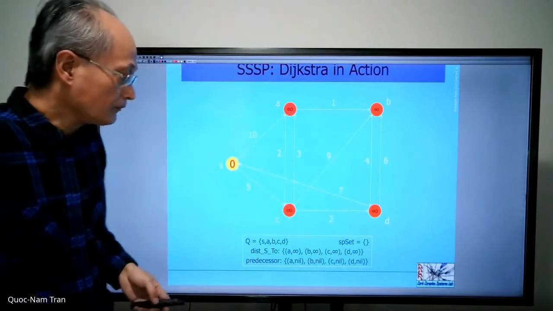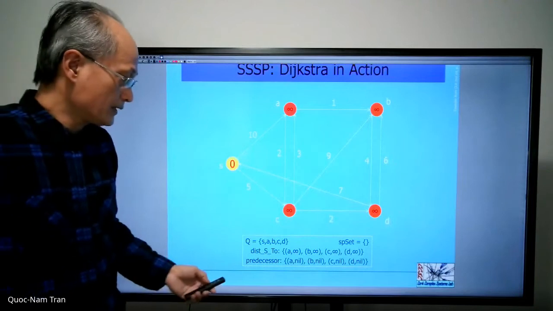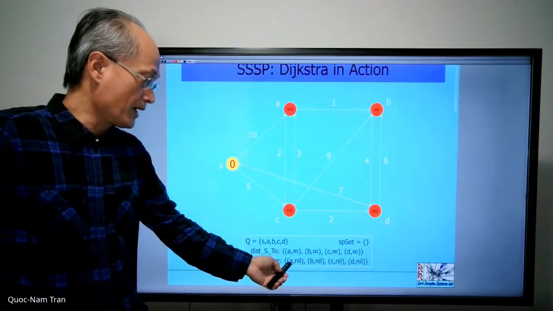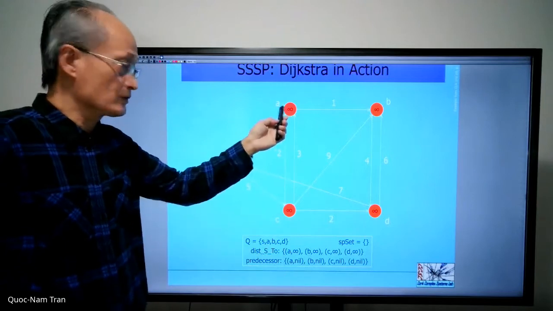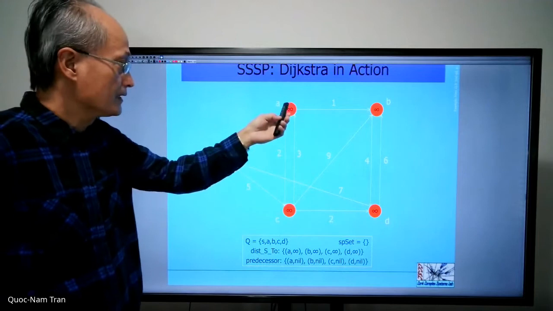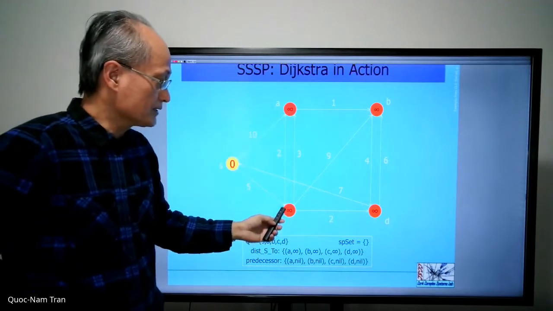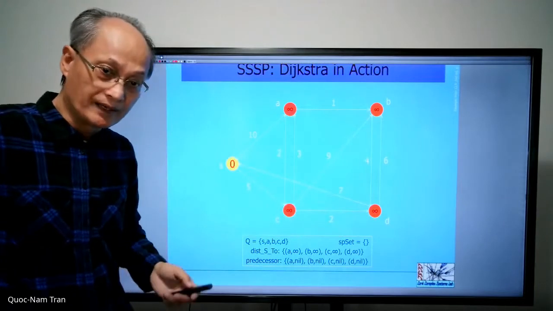Then we record the parent of A. At the beginning it's null, because we have not started the algorithm yet. Parent of C is null, parent of D is null, parent of B is null.